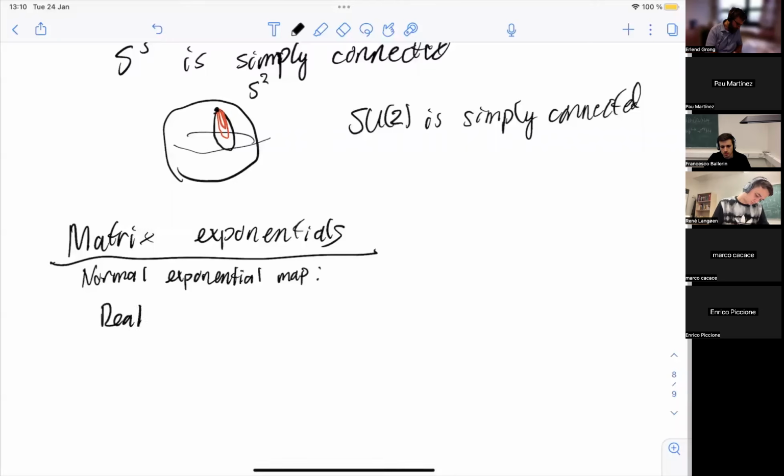The exponential will be a map going from R, but it will only hit elements in R plus.